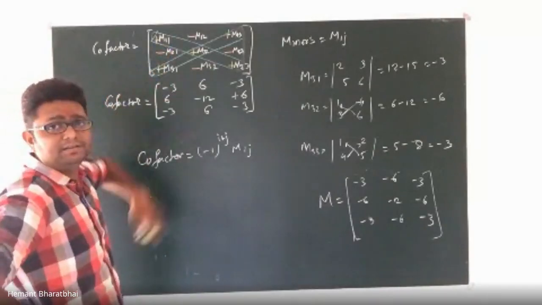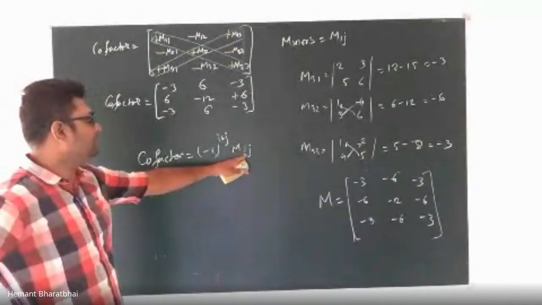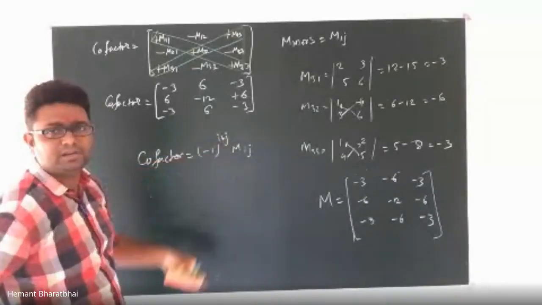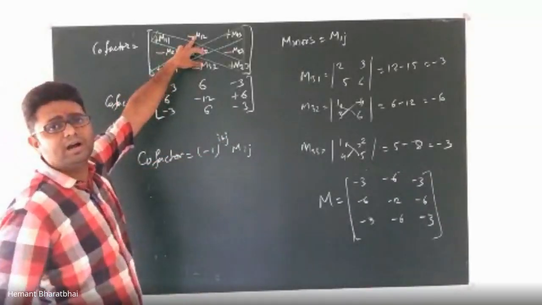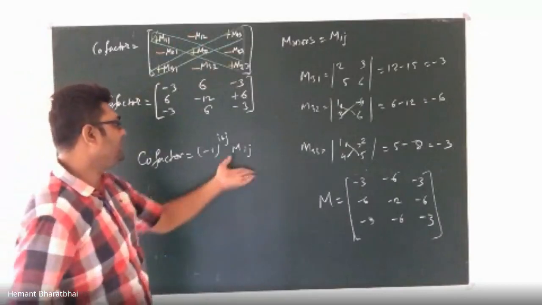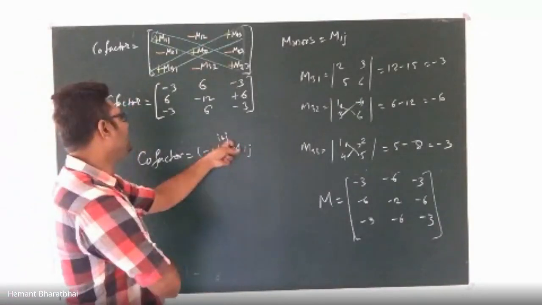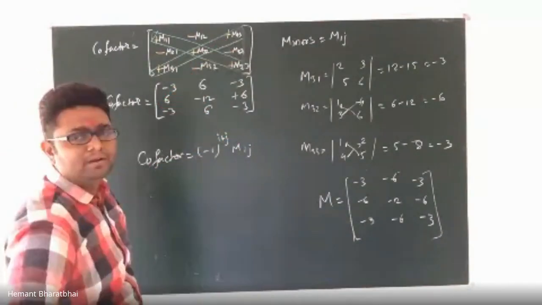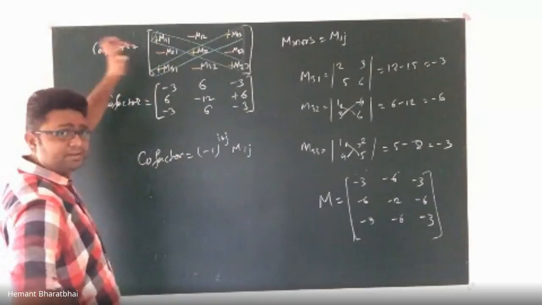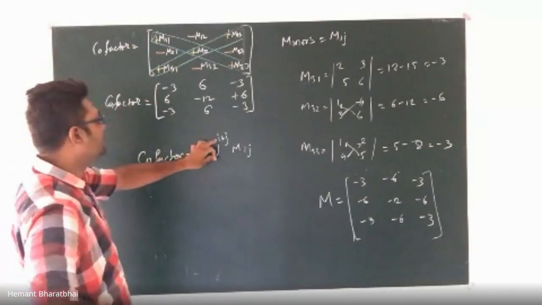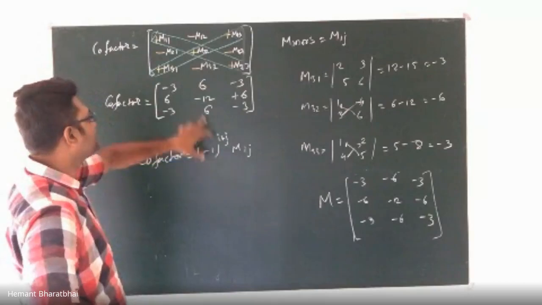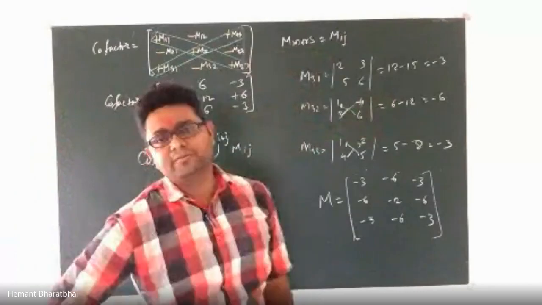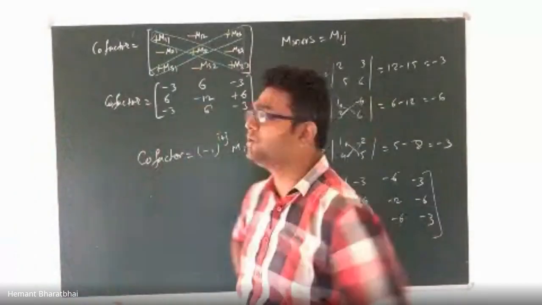When you write M12, this will be 1 plus 2, that is 3, minus 1 to the 3 will be minus 1, and therefore you have minus over here. When you write M13, this will be 1 plus 3, that is 4, minus 1 to the 4 is positive, therefore here you have positive. Then when you write M21, that will be 2 plus 1, that is again 3, so minus 1 raised to 3 will be minus. So I hope this is how we find these signs for the cofactor matrix.